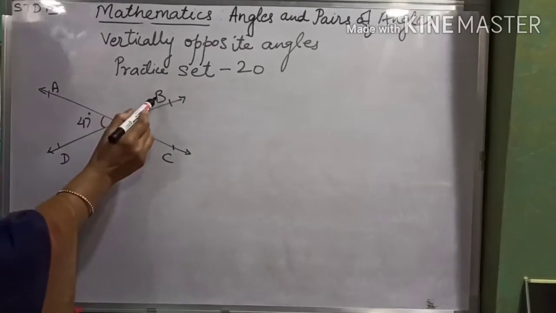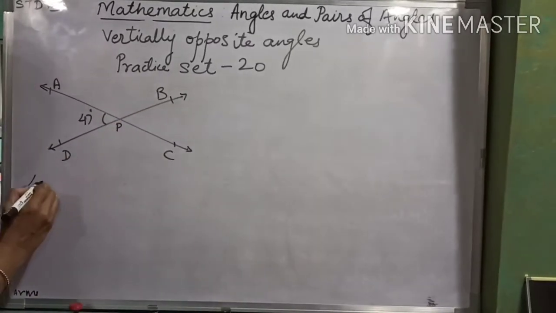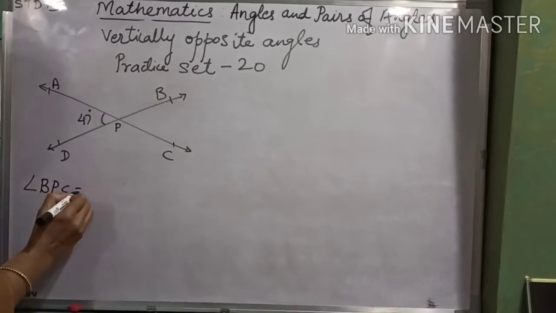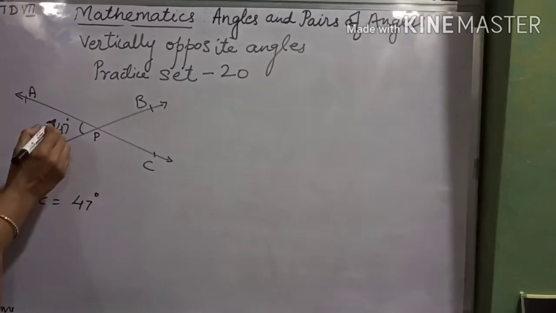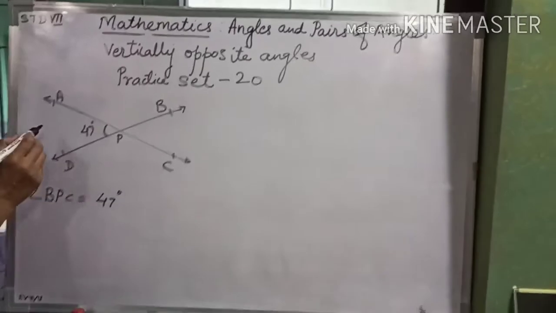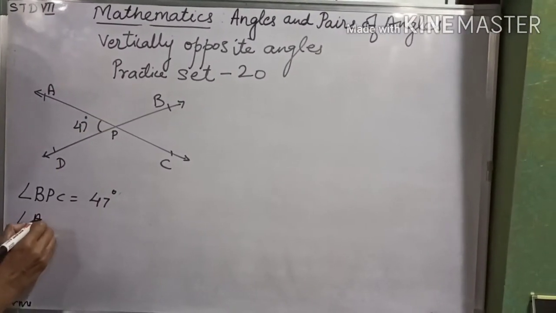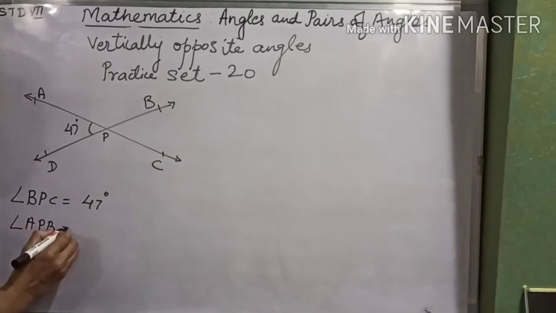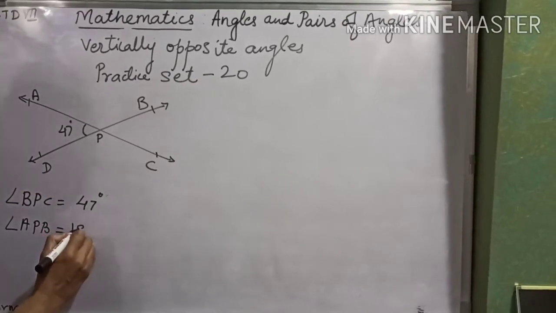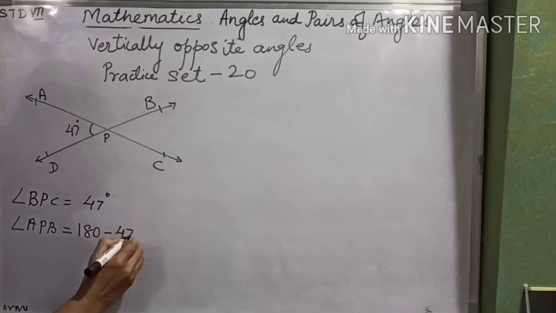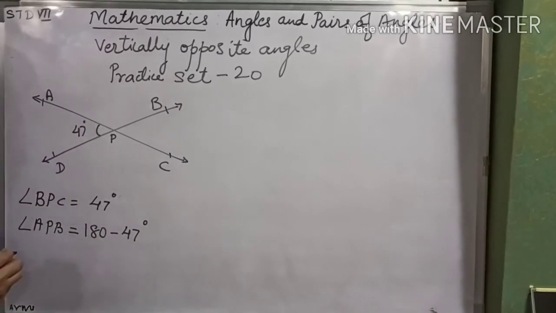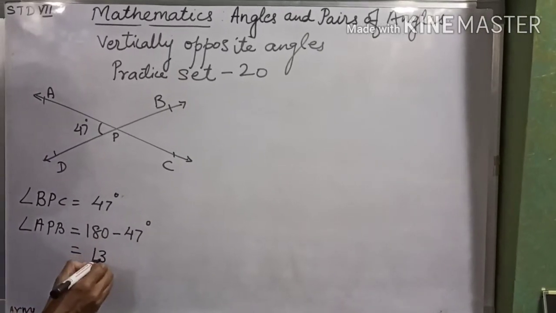Now angle BPC will be 47 degrees because vertically opposite angle. Angle APB will be 180 minus 47 degrees, that is equal to 133 degrees.